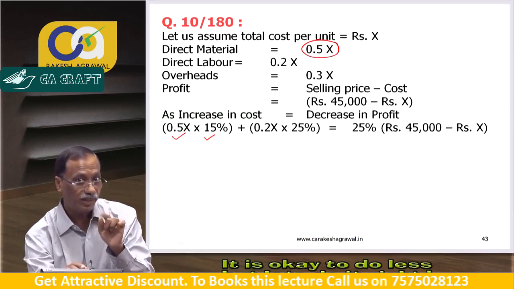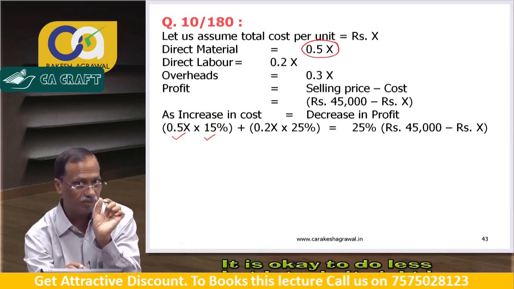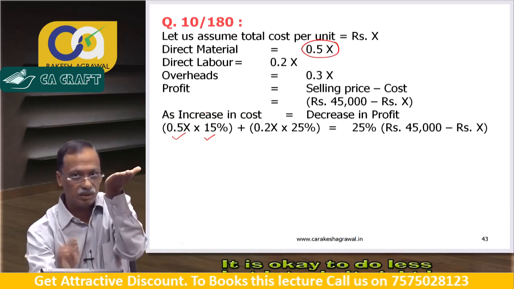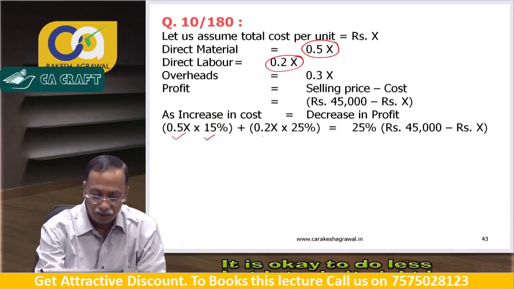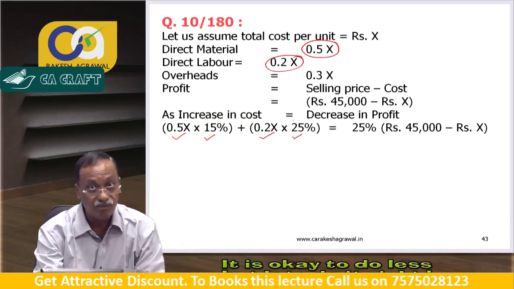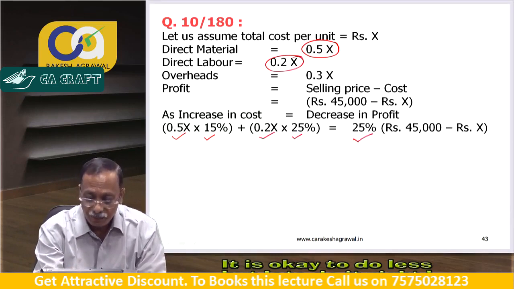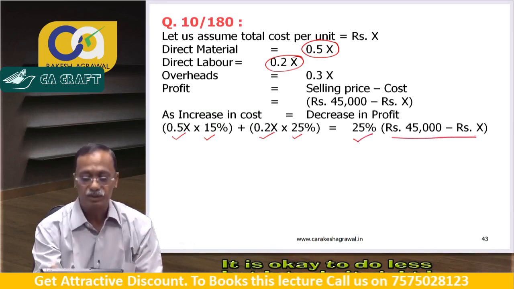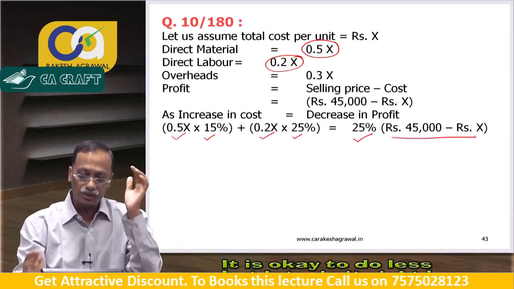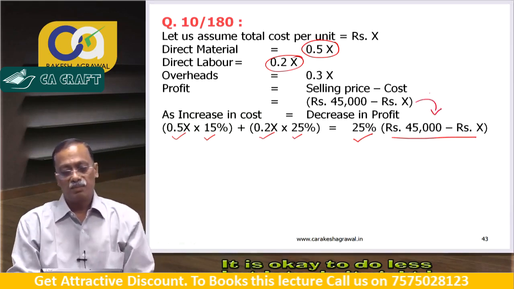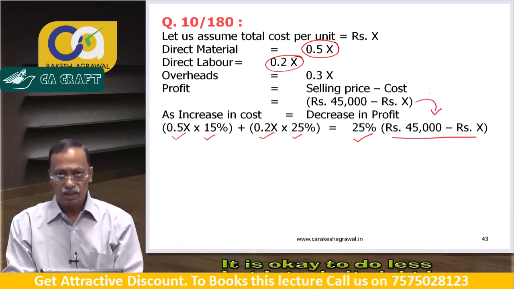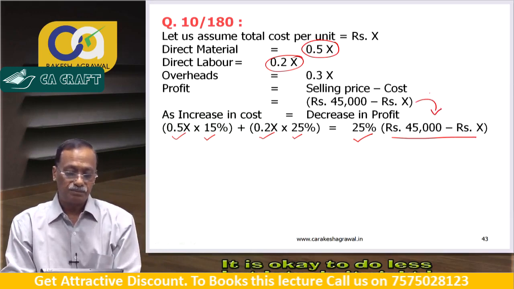So don't do 0.5x plus 15%, only into 15%, increase only. Increase in cost is decrease in profit. This labor cost 0.2x, this will increase by 25%. And this increase in cost will cause 25% decrease in this present profit. So this will be equal to 25% of the present profit, that is this profit. Okay. So prepare this equation and try to solve it. Get the answer.